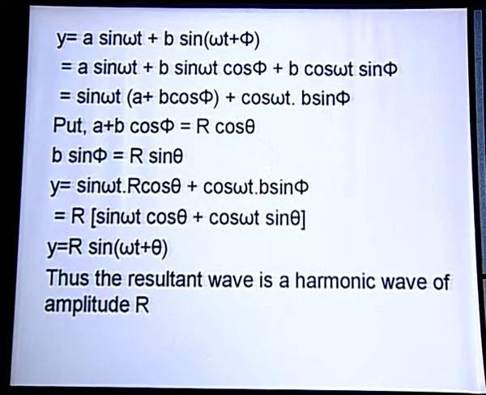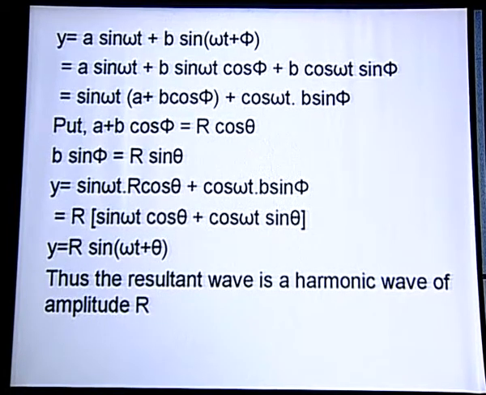A is the amplitude of the first wave and b is the amplitude of the second wave, and phi is the phase difference, which remains constant and does not change, because if it changes we won't get steady patches of interference.